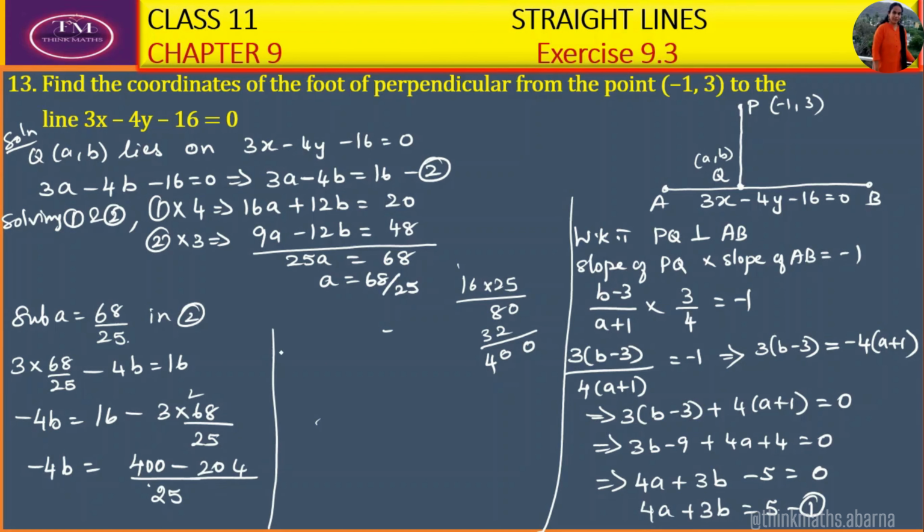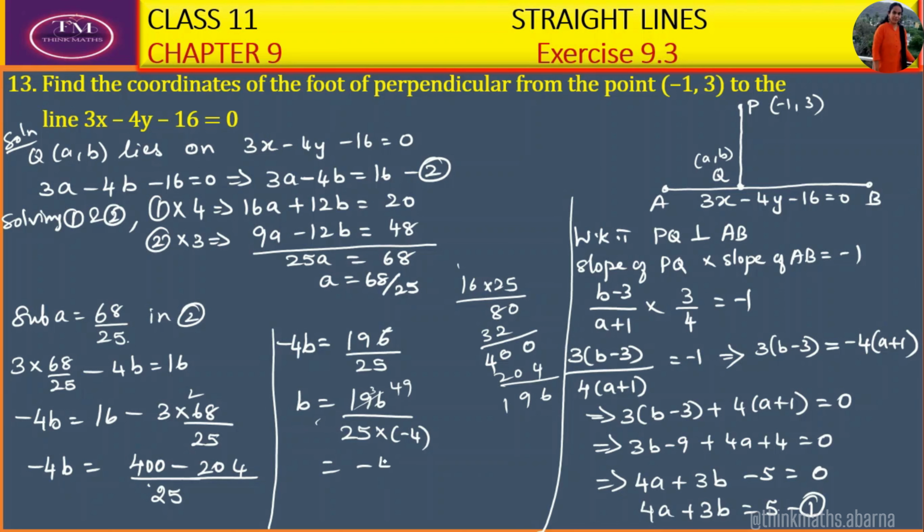Okay. Now minus 4b is equal to 400 minus 204, so it is 196 divided by 25. Now take this minus 4 to the left hand side. Minus 4 is in product, so it will come as negative. Dividing by 4, 196 divided by 4 is 49.